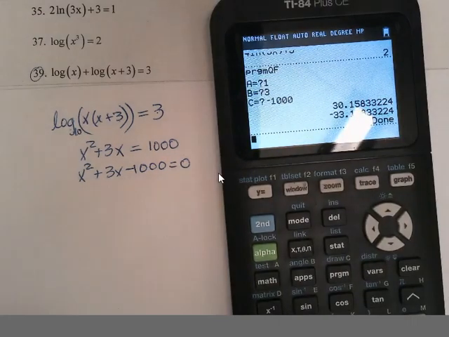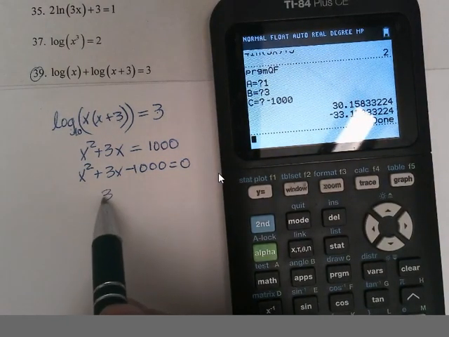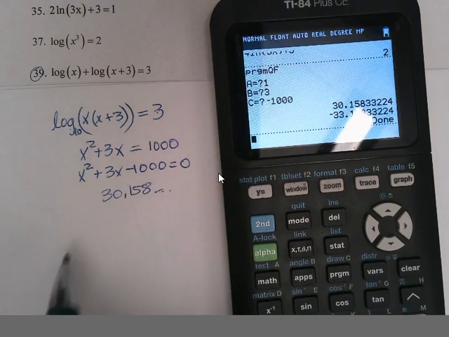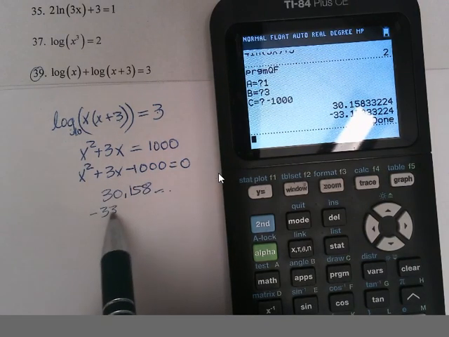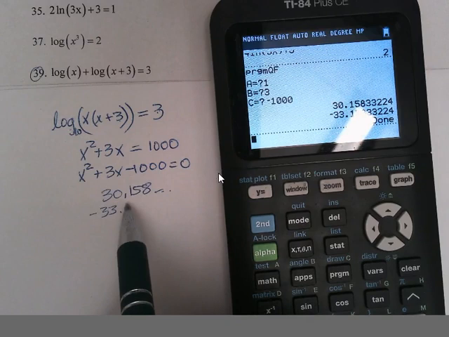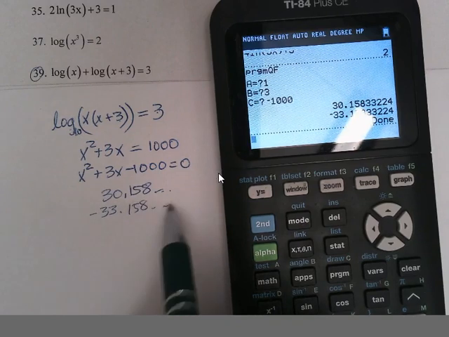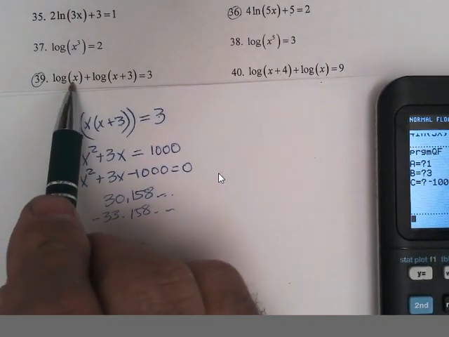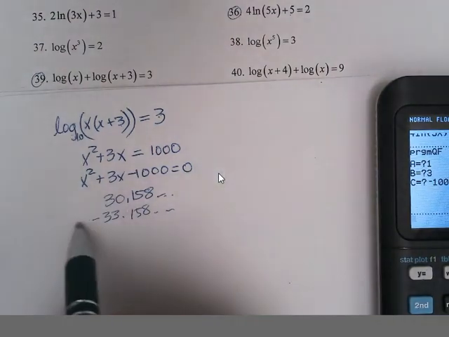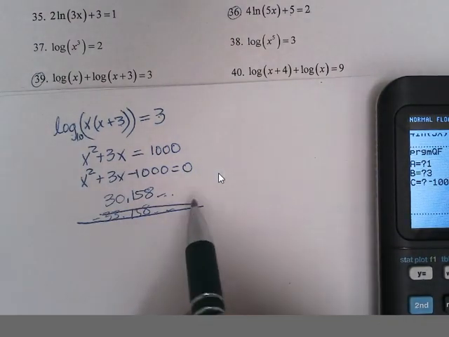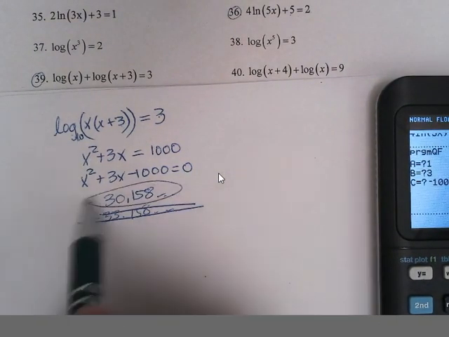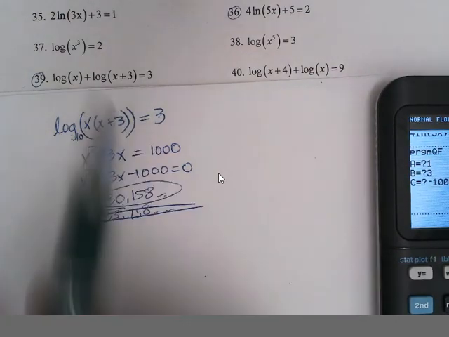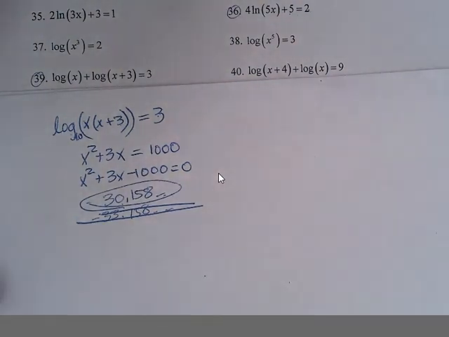And I get two possible answers, 30.158 something and negative 33.158 something. And now logs can't be of negative numbers, so the negative one is an extraneous answer, doesn't work, and this is the only answer that will work. And I can put that into x and type that out, and it'll show that they are equal.